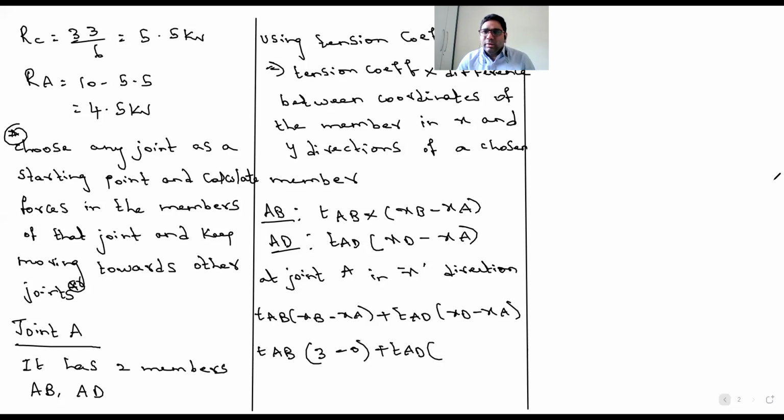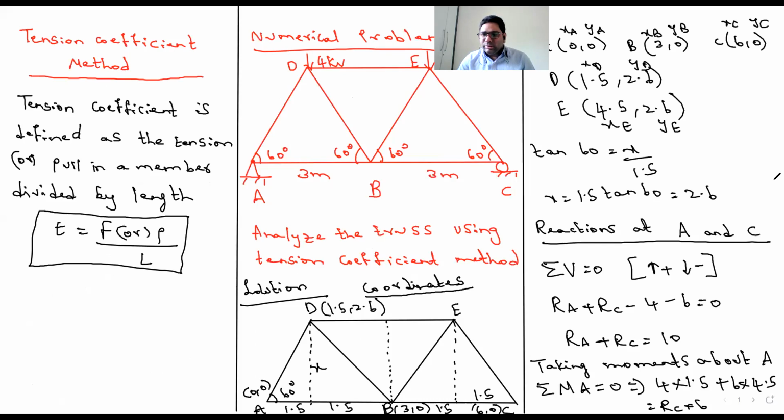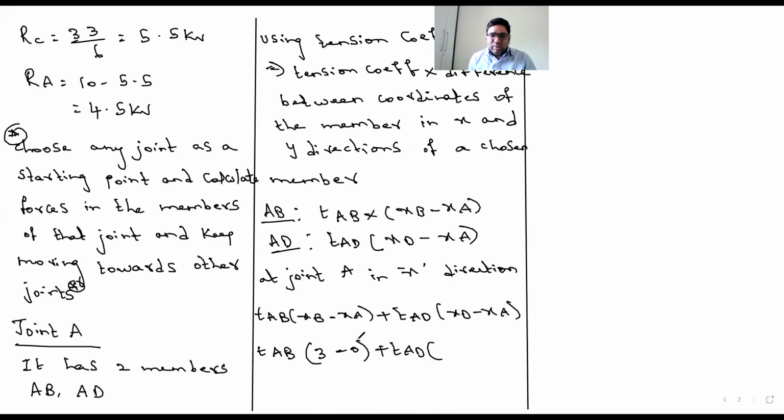What is XD? 1.5. XA is 0, so 1.5 minus 0 is equal to 0. So now 3 TAB plus 1.5 TAD is equal to 0.